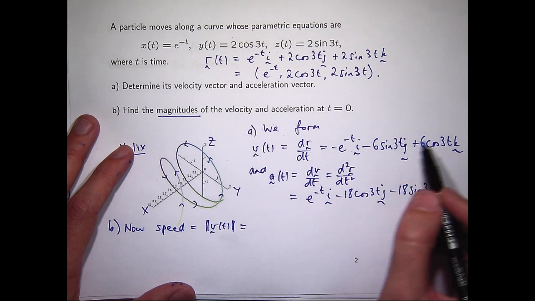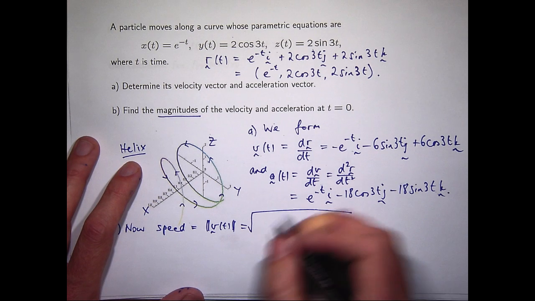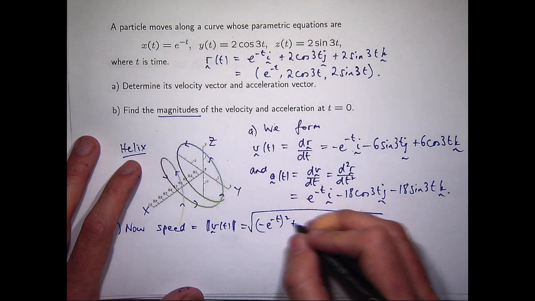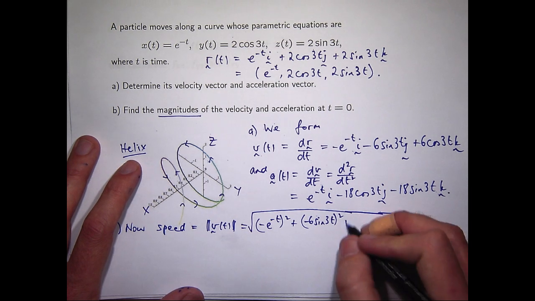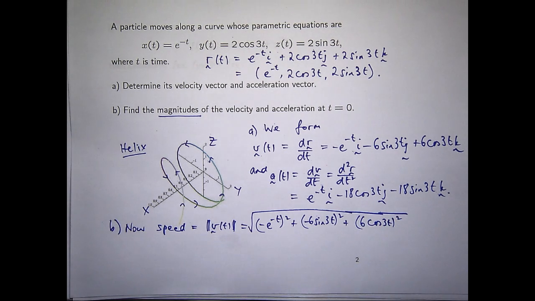So how do I take the magnitude or the length of a vector? Well, I look at the component functions, I square them, add them together, and take the square root. So up here it's going to be minus e to the minus t squared, and then here we've got minus 6 sine 3t all squared plus 6 cosine 3t all squared. Now this is a bit nasty with the square root sign, but if I look closely, I'm going to get a sine squared 3t and a cosine squared 3t with the same coefficient, both 36.